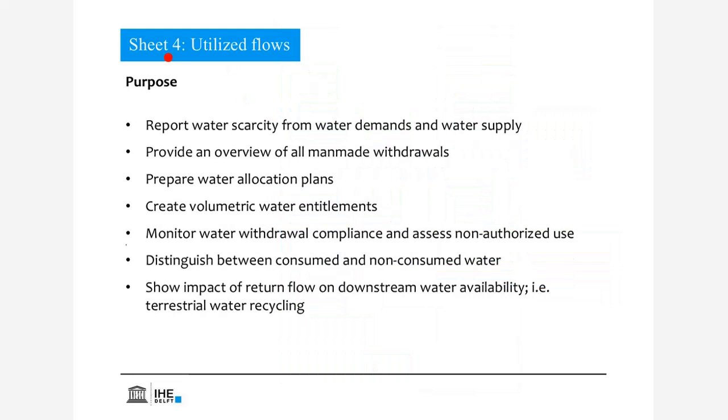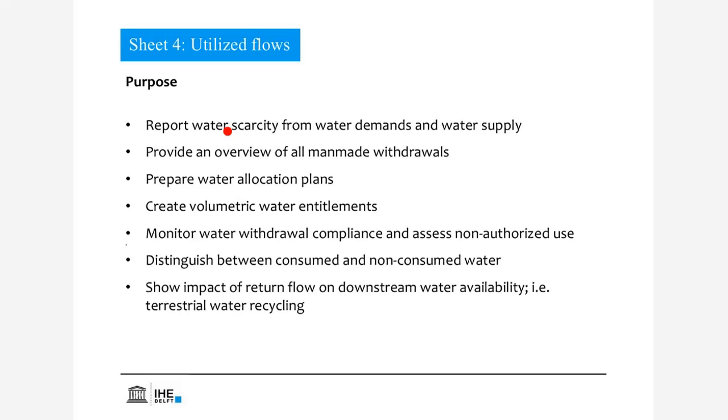We still have sheet 4, which is looking at blue water resources and particularly utilized flows. It's a way to look at water scarcity because you have both demand and supply, and it gives an overview of all man-made withdrawals and can help in preparing water allocation plans, look at water entitlements and monitor withdrawals to see if they are compliant with what the authority has decided.